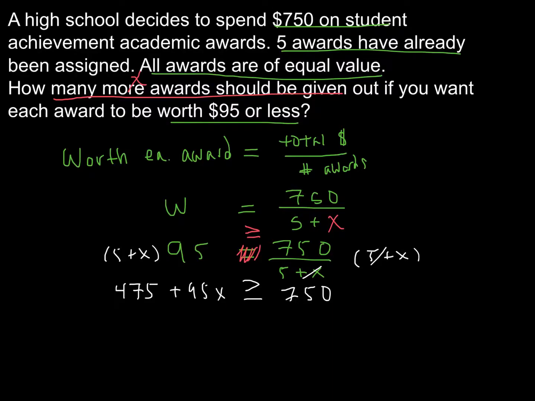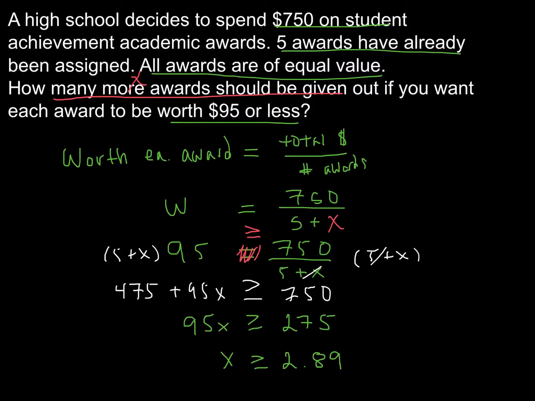So let's go ahead and solve for x now, and that will give me 95x less than or equal to 750 minus 475 is 275. And now I divide by 95 on both sides, and I'm going to get that x must be greater than or equal to 2.89.